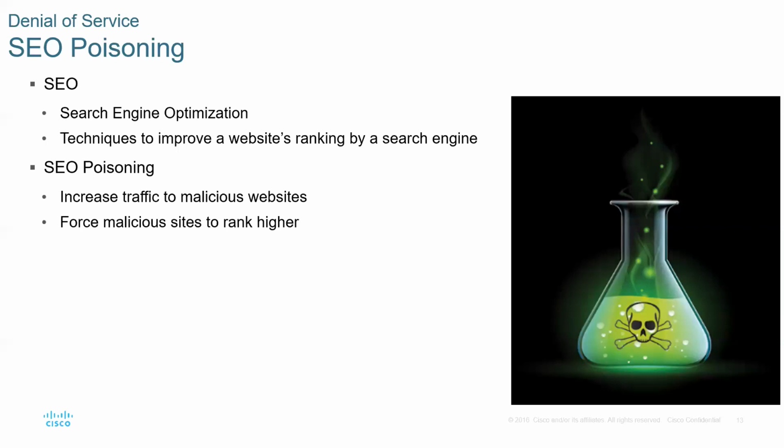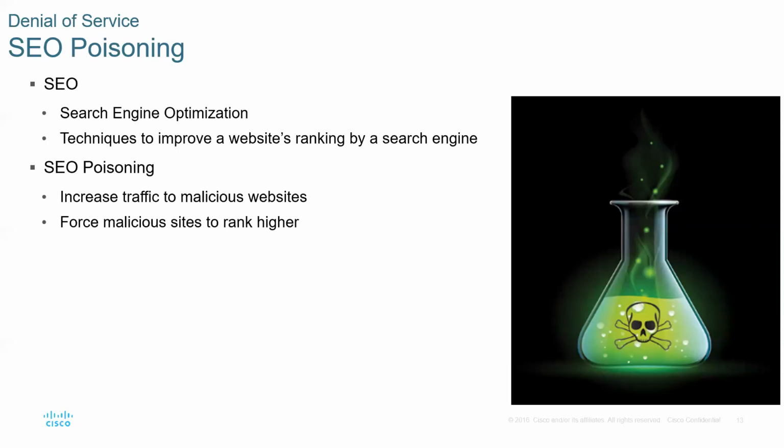So the first 5 top search results are the ranking board of the Google search engine, suggesting that these are the most true to the subject that you might be looking for. What an attacker does in SEO poisoning is, first he will create a copy of a popular website. It might be a banking website, it might be a social media website. He will create an exact replica of that website.